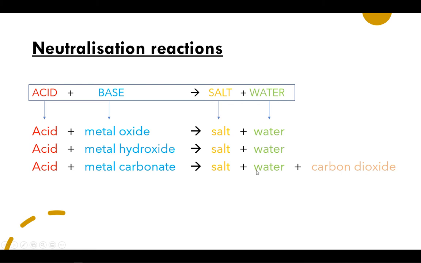And we always get water formed. And the only odd one out really is when you've got a metal carbonate, it produces carbon dioxide as well. So this is the general equation that you can apply to all neutralization reactions. An acid plus a base gives a salt and water.